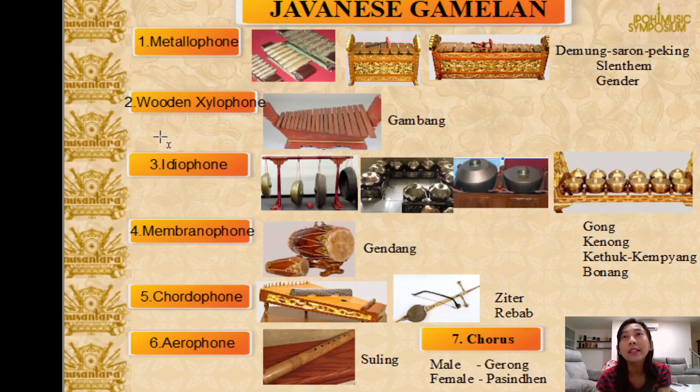I categorize the instruments into a few categories: metallophone, which you strike on metal bars, wooden xylophone, ideophone, which means the sound and vibrations come from the instrument itself without any air or string, then membraphone, chordophone, and aerophone. Some gamelan will have chorus performance.